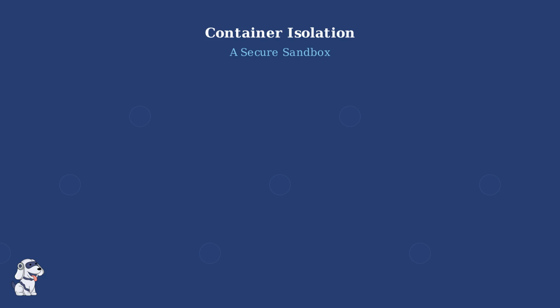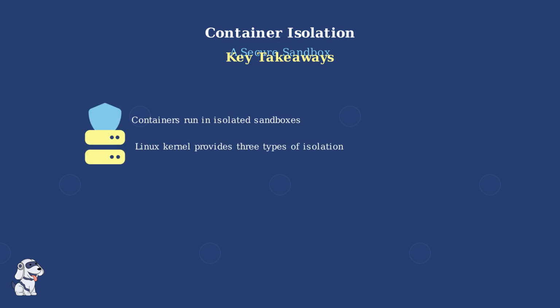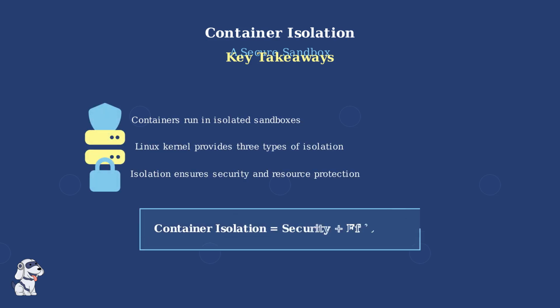Containers can communicate with each other and the outside world through controlled network bridges, but they cannot directly access each other's network traffic. These three isolation mechanisms work together to create a secure sandbox environment. The Linux kernel ensures that containers cannot interfere with each other or access resources they shouldn't have access to. This isolation is what makes containers both secure and efficient for running multiple applications on the same host system.